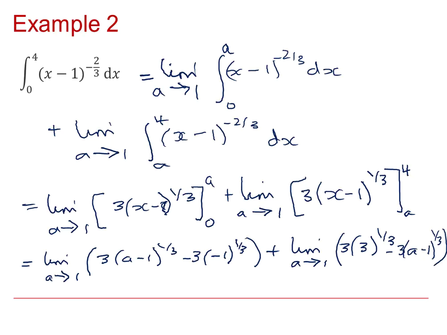Okay, so we're going to consider what happens as a tends to 1. Well, we can see that in that case, a minus 1 will tend to 0. And so therefore, we will be able to state an integral value, which will be 3 plus 3 cube root of 3.